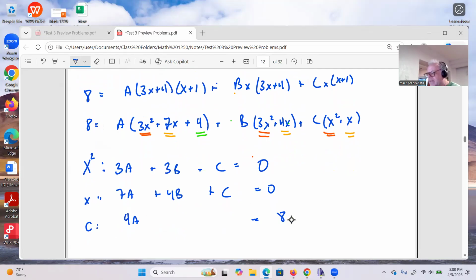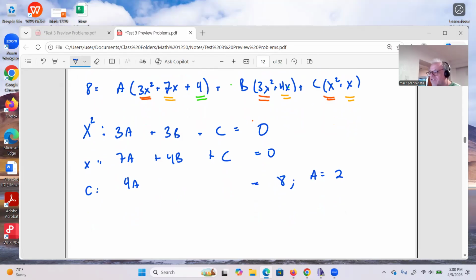At this point, I could say, oh, well, A is equal to 2, right? 8 over 4 is 2. Let's plug this into the previous two equations. So I have 3 times 2 plus 3B plus C is equal to 0. We have 7 times 2 plus 4B plus C is equal to 0.